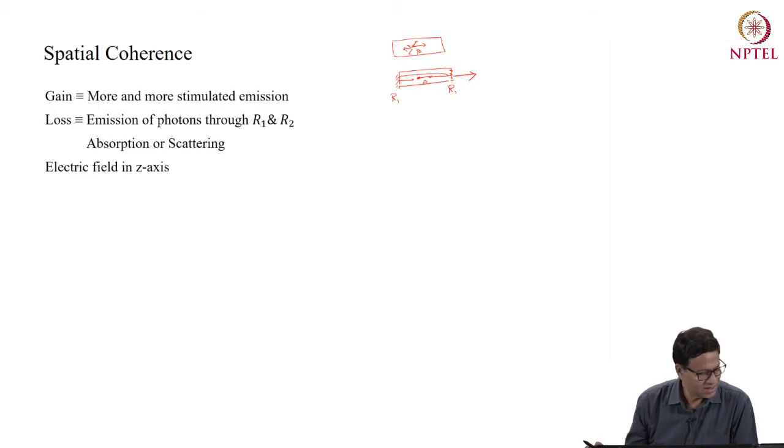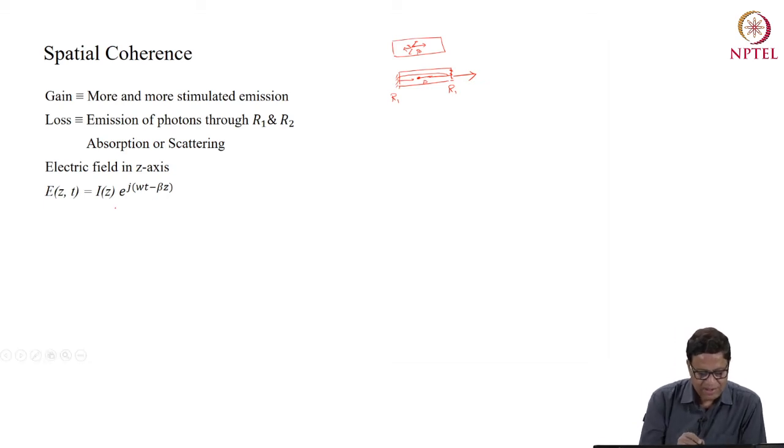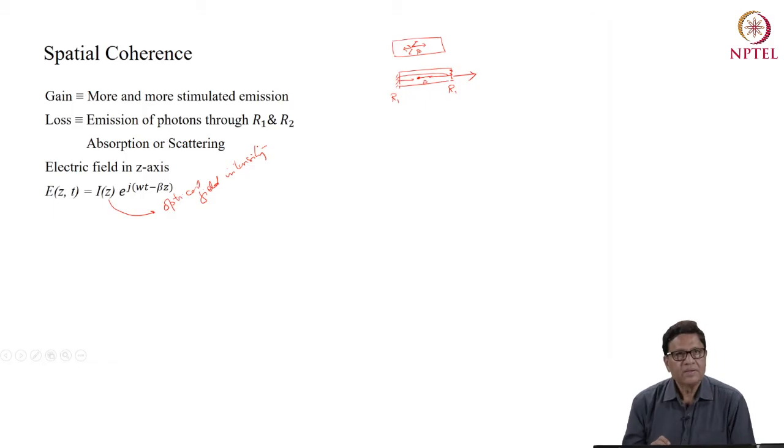So first let us understand what is the electric field in the z-axis. This is given by E(z,t) = I(z), the optical field intensity, into e raised to power j(omega t minus beta z).